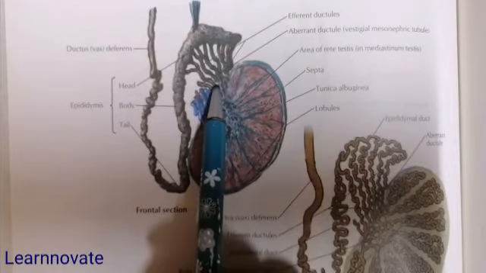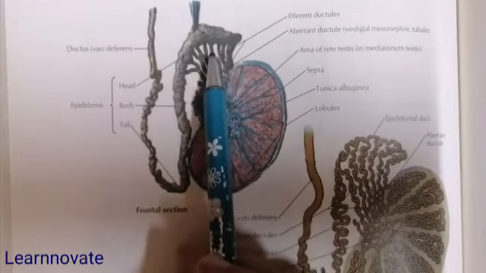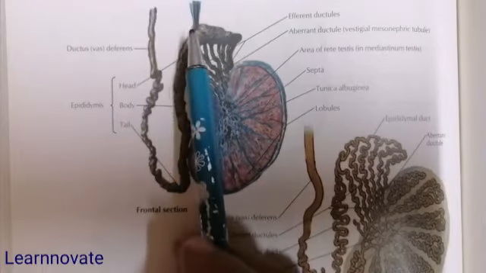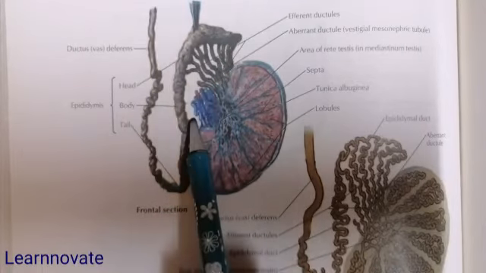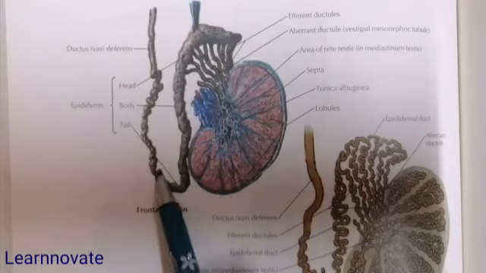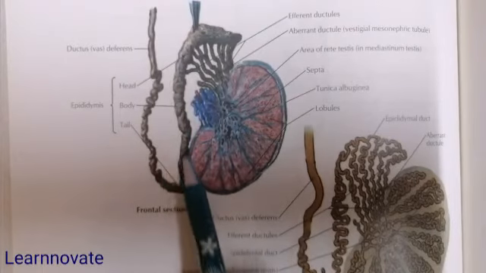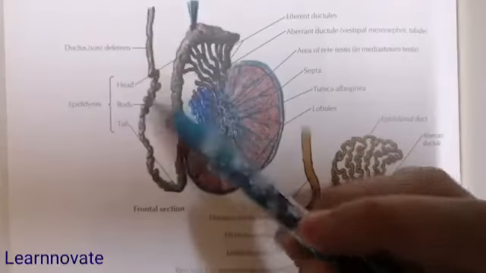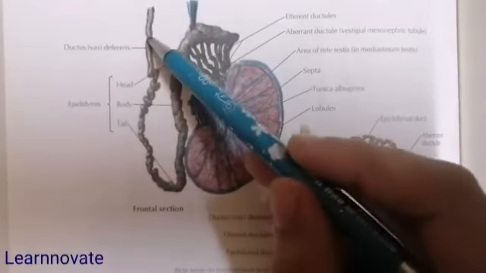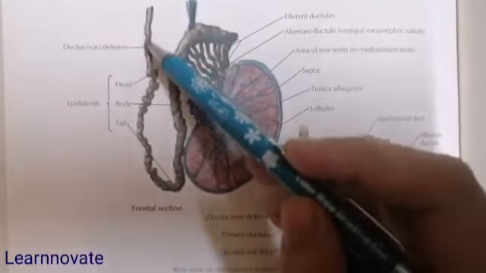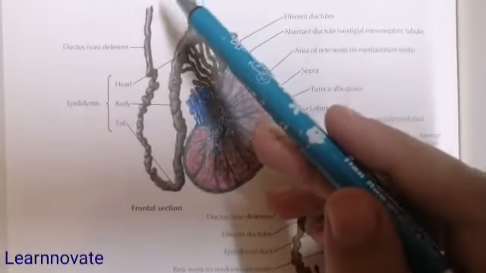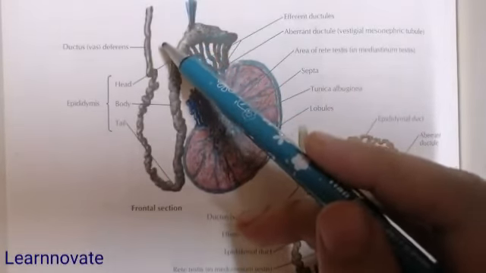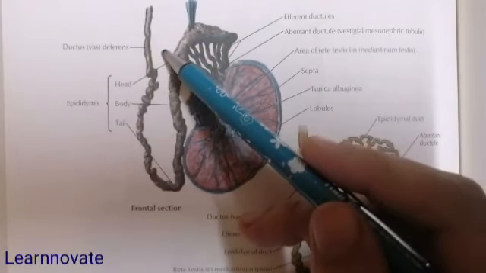From the rete testis, the sperm pass through the efferent tubules into the duct of the epididymis, which starts from the head, then continues with the body and the tail of the epididymis. From the tail, the sperm pass through the ductus deferens, a continuous duct from the epididymis. The ductus deferens, with the vasculature of the testis, passes through the spermatic cord that suspends the testis from the abdominal cavity.